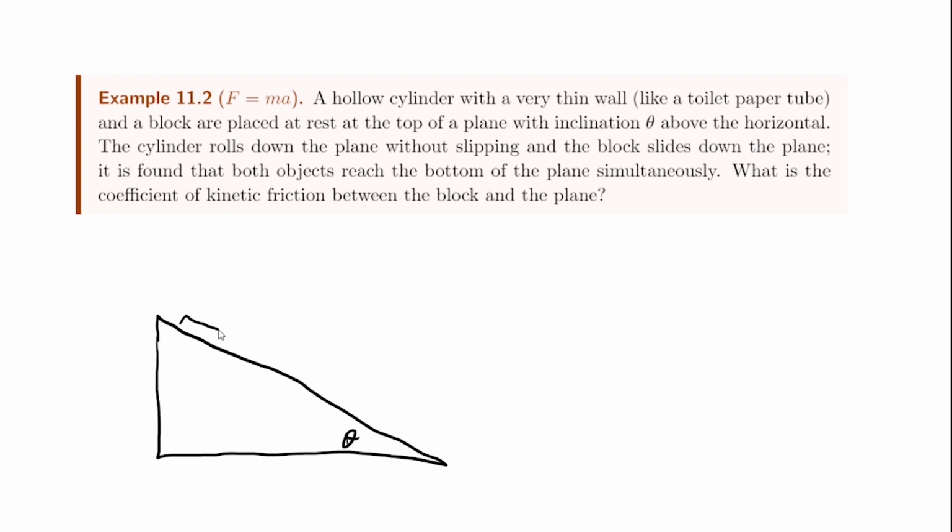First for the block, it's just going to be like this, and then here's the cylinder. The block has three forces on it, but the normal and gravitational force are going to combine to give one force downward there, and then there's going to be a frictional force upward, slowing it down.